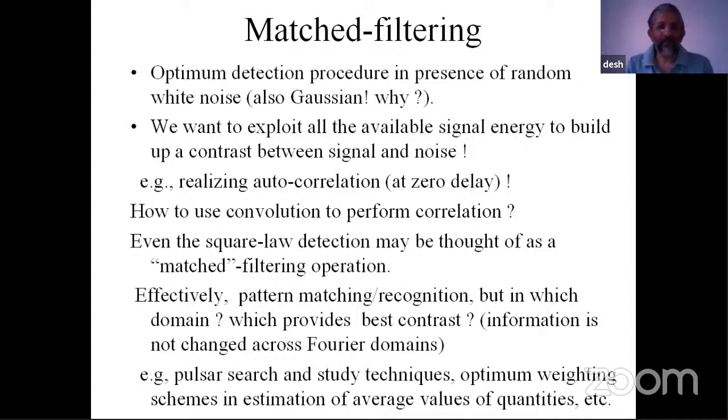When people say in the pulsar search that they fold the data at different periods and see which one gives them a good signal, they're actually doing matched filtering. So whether you realize it or not, if you're doing the right things about any pattern recognition or processing of the data to bring out hidden features and detect them, you are doing matched filtering.